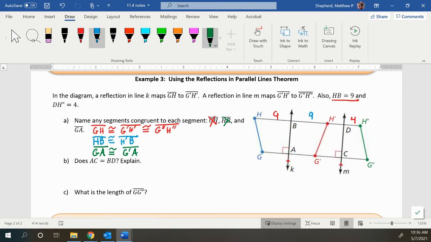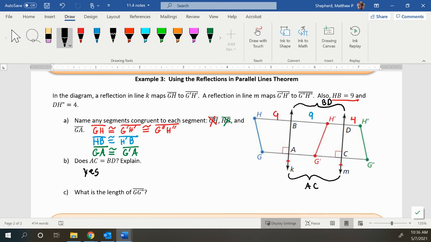All right, next it's asking, does AC, let's see, so where is AC? All right, so AC goes here. So AC is essentially the distance between those. Does AC equal BD? Well, the answer is yes.